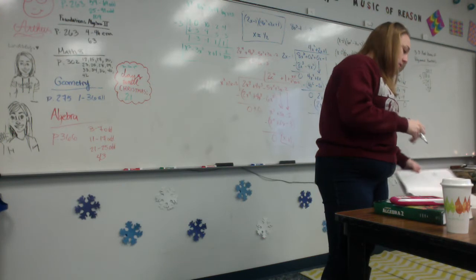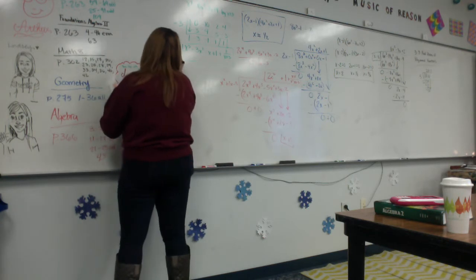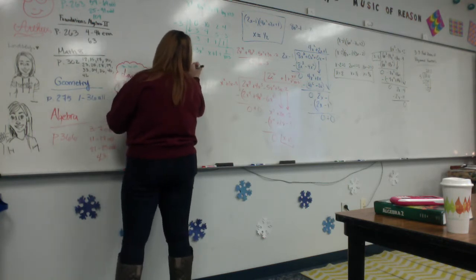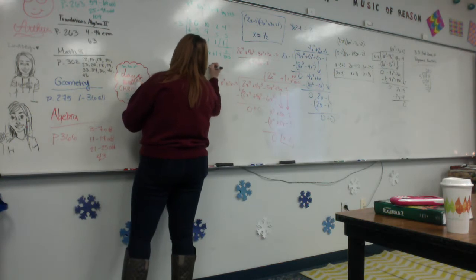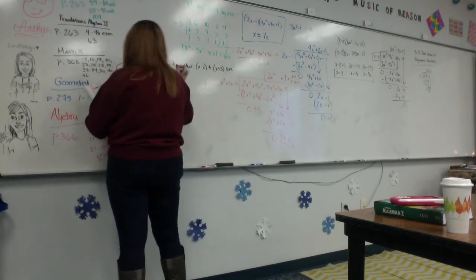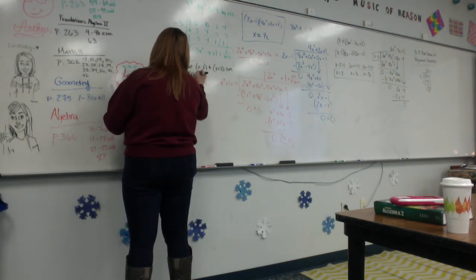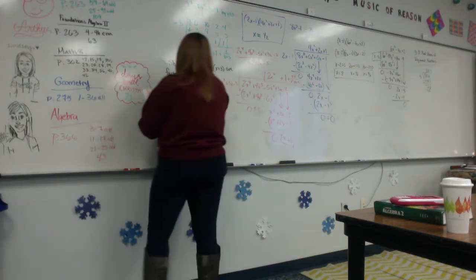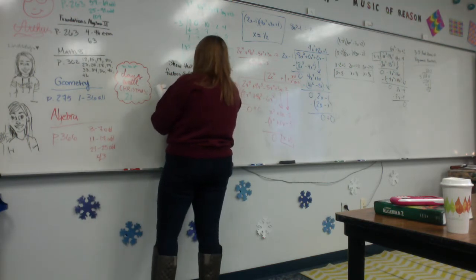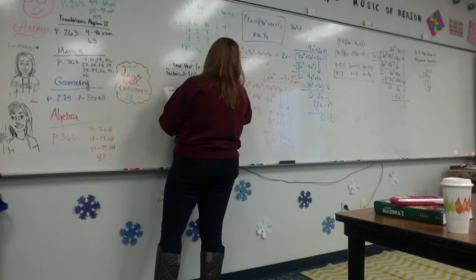It says show that x minus 2 and x plus 3 are factors of f of x equals 2x to the 4th plus 7x cubed minus 4x squared minus 27x minus 18.